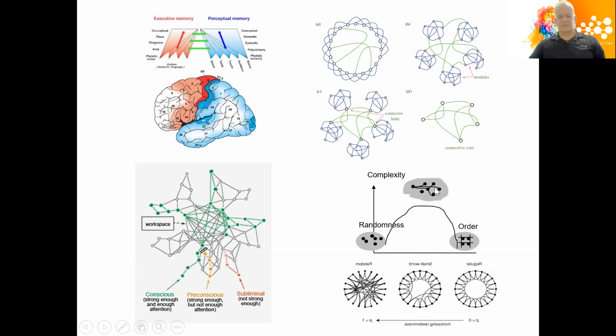Now, there is a balance between these connectivity patterns. So if the nearby connections are reduced, as you can see here, down in this drawing here, then the system becomes random.